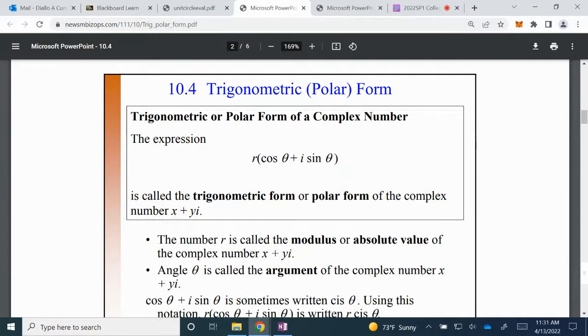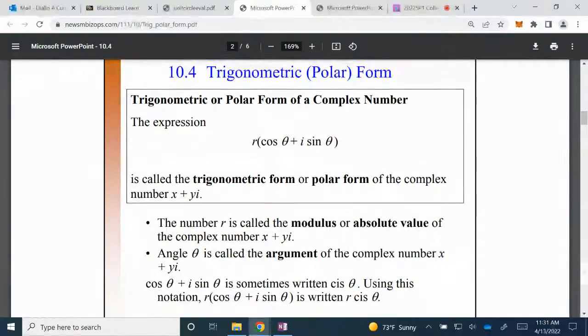So here's the expression. We have r times cosine theta plus i times the sine of theta. Here again, this is our imaginary unit i. And this is called trigonometric or polar form. The number r is called the modulus or the absolute value. In our problems, we're going to see the word absolute value, and we're going to be asked to find the absolute value.